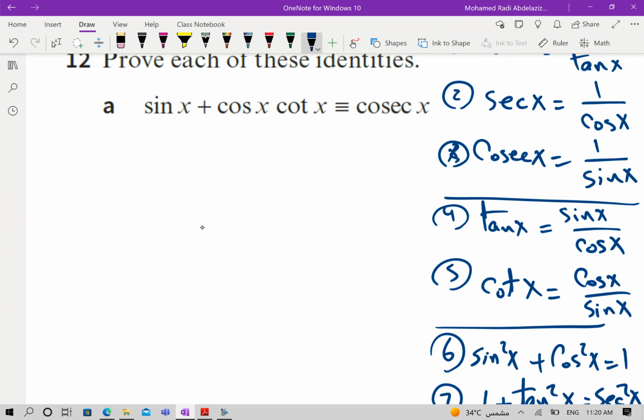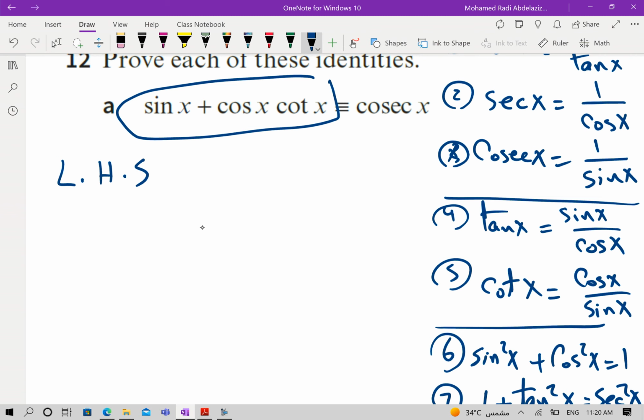So now, all of you please start with the left-hand side. Left-hand side equals. We can remove what and replace it with what? Remove cotan, so keep sine x plus cosine x. Cotan is cosine x over sine x.